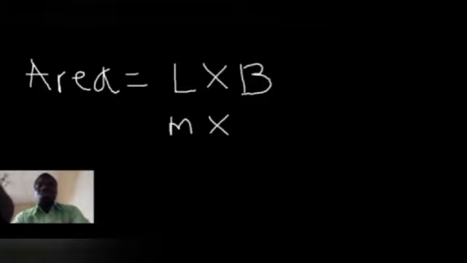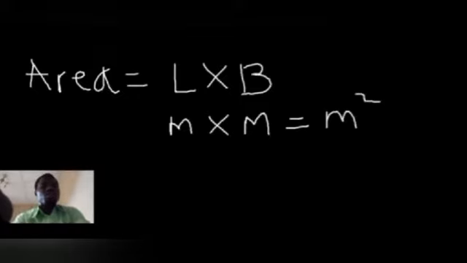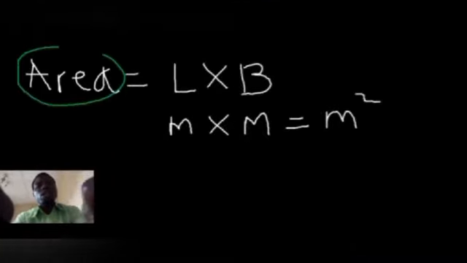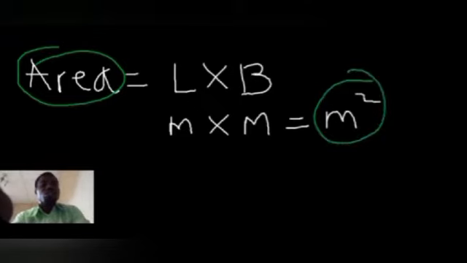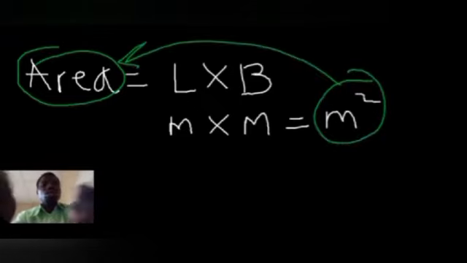Then breadth is also measured in meter, which is a form of a length. So that gives us m times m is m squared. So the derived quantity is area. The derived unit is m squared.